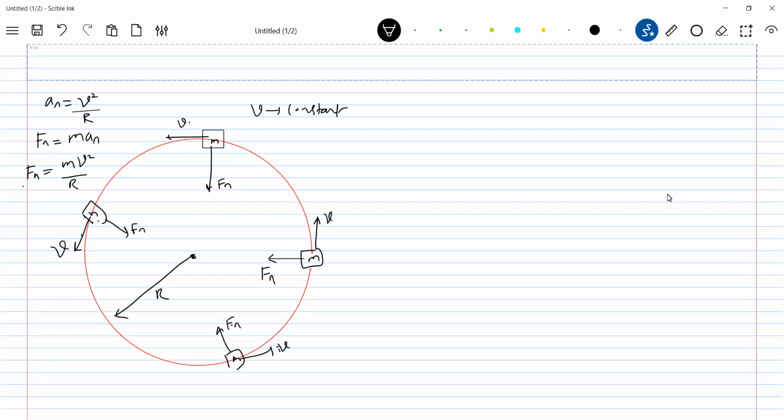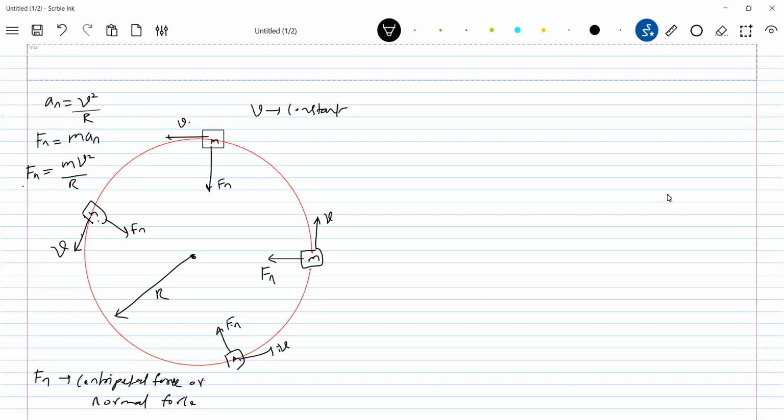So Fn is called the centripetal force, or if you want, you can also name it radial force or normal force.